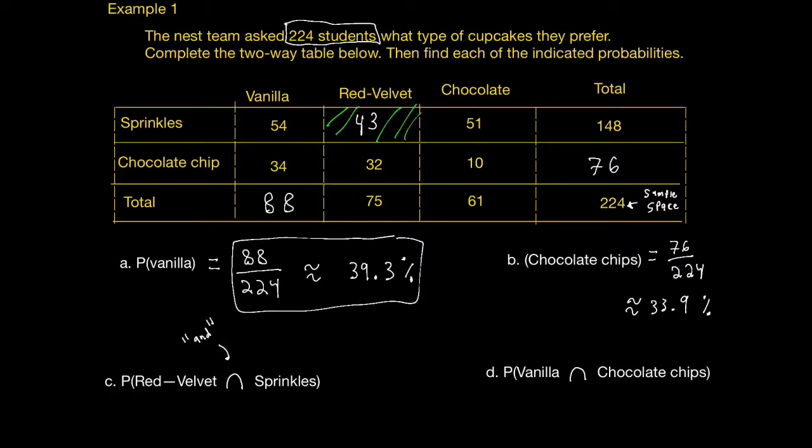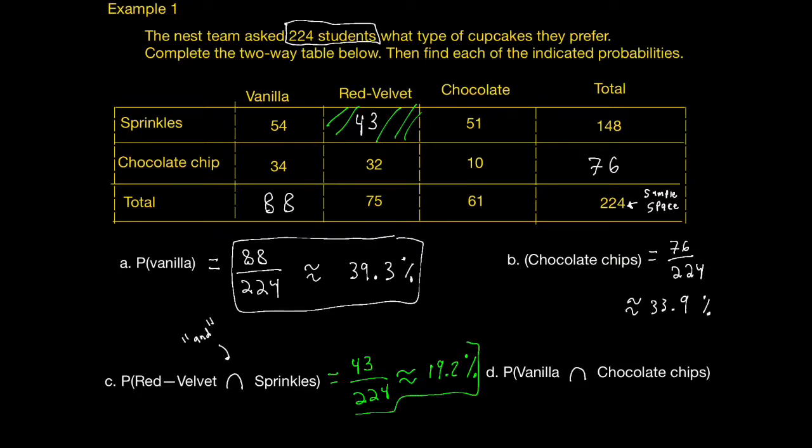So here we get a probability of 43, because that's the number of possibilities, divided by my sample space, which is 224. Let's go ahead and input this in the calculator and get the approximation. And I get approximately 19.2%.